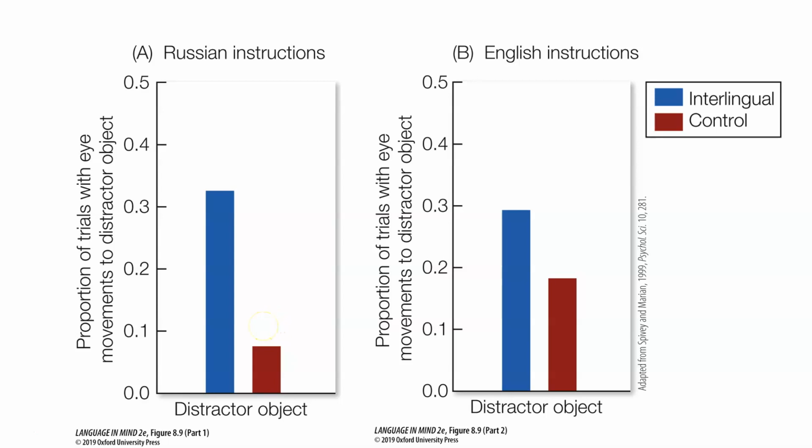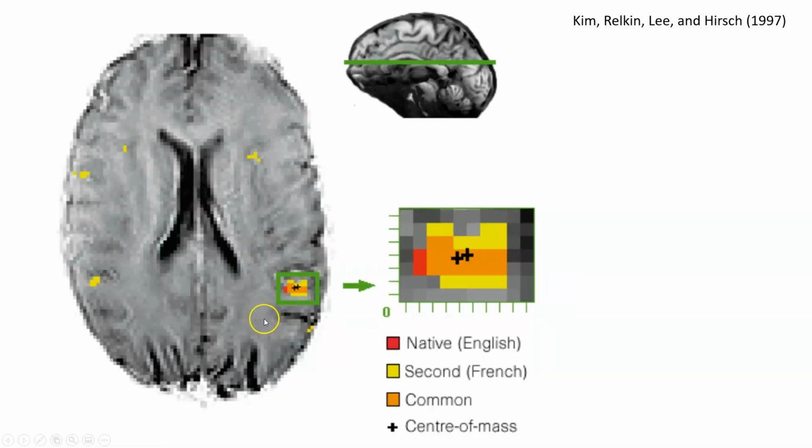Now, this study suggests that languages aren't stored separately in the brain. They're kind of jumbled up and overlapping. Even if you think you're just using one, words from the other language can actually become activated. And that's shown in some fMRI studies where, for instance, here, this is Wernicke's area.